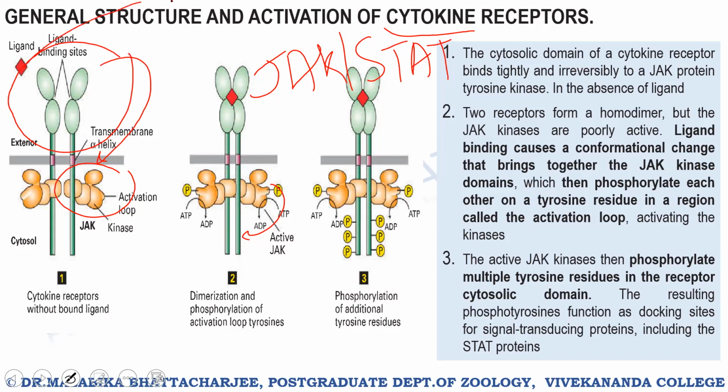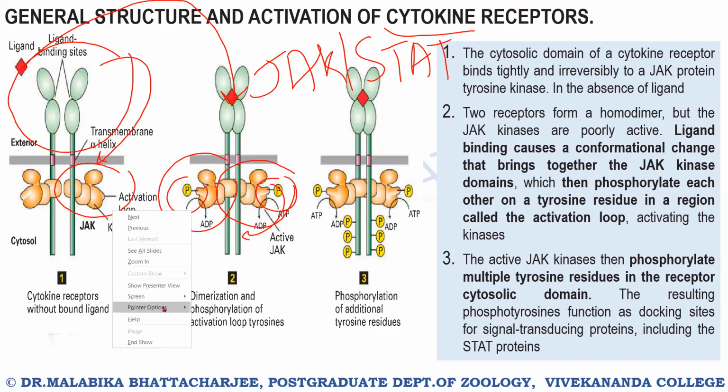Now, whenever the ligand comes and binds with the cytokine receptor, you can see that ligand binding causes conformational change in the cytoplasmic site of the receptor, as a result of which the Janus kinase domains, the kinase domains, if you remember, kinase means addition of phosphate, are brought together, which then phosphorylate each other on a tyrosine residue in a region called activation loop.